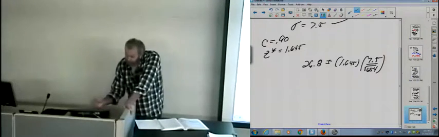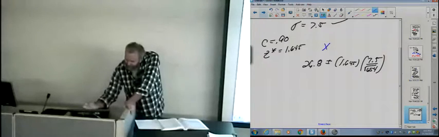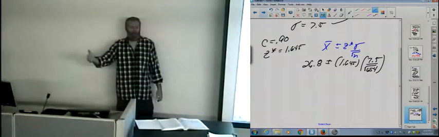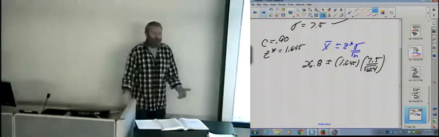Agreed? It's the same guy. x bar plus or minus z star times sigma divided by the square root of n when you know sigma.